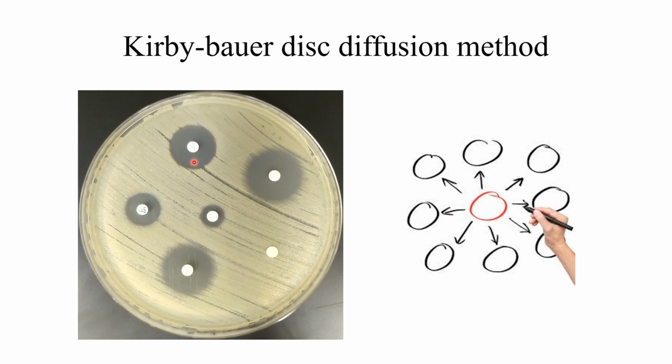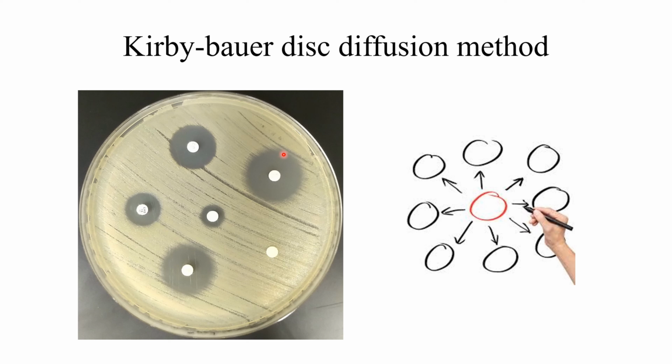Why is it called the disk diffusion method? The disk is coated with a known concentration of antibiotics, and from the disk the antibiotics will diffuse into the medium. You can say this is the antibiotic disk, and the antibiotic will diffuse in the medium and kill the bacteria which are near the disk.